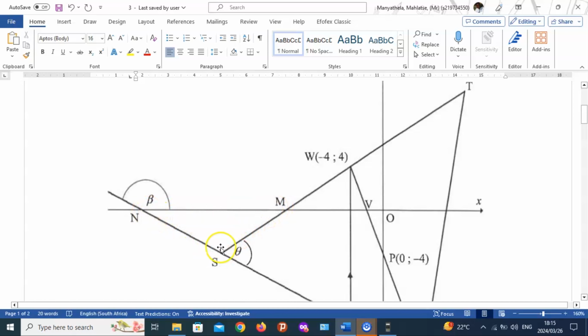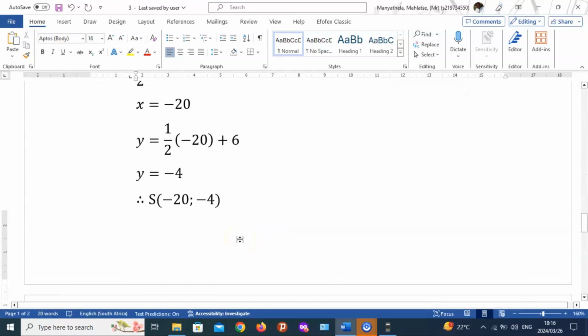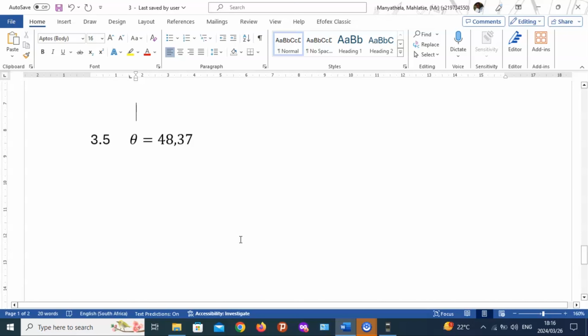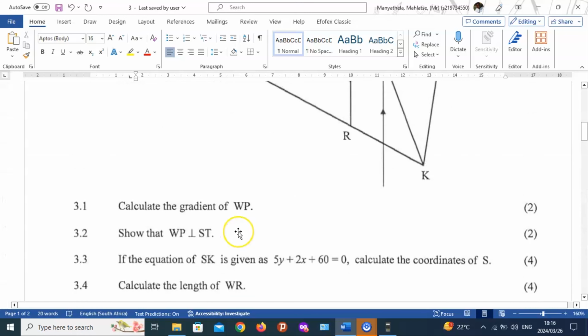S and theta are angles on a straight line, so they add up to 180 degrees. To find theta, you say 180 degrees minus the value of that angle. It will still give you the same answer, 48.37 degrees.